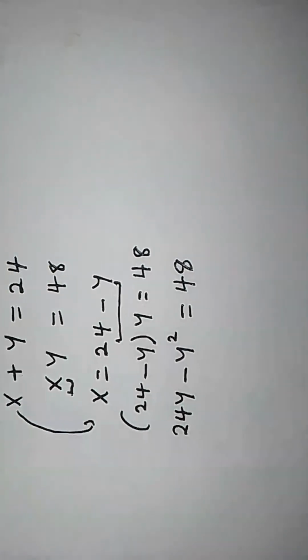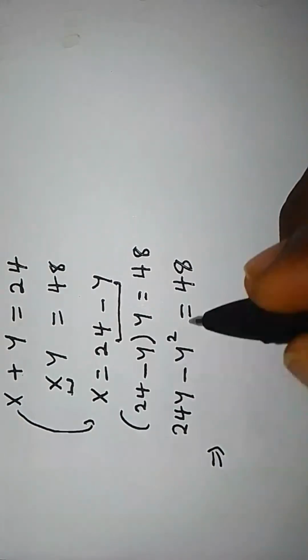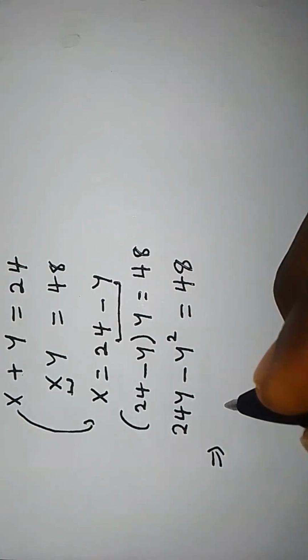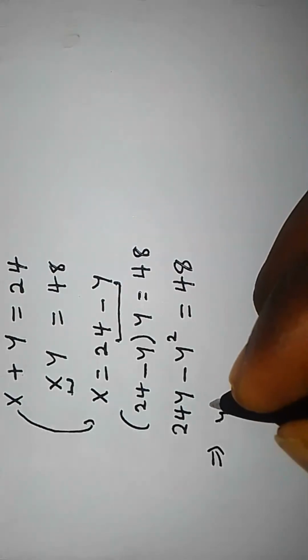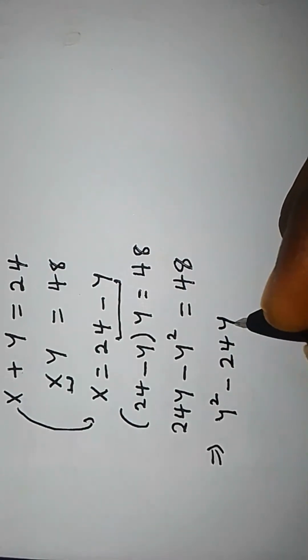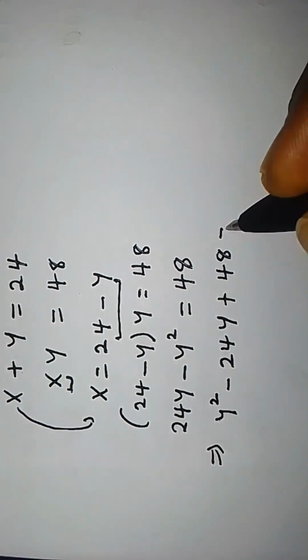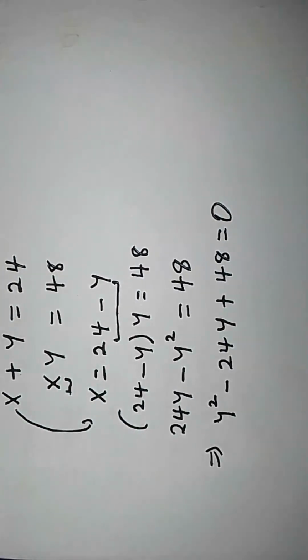Let's continue. This implies that, rearranging this equation, we have y square minus 24y plus 48 equal to 0.